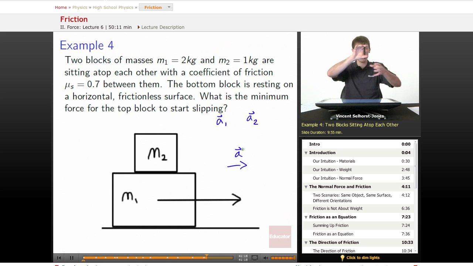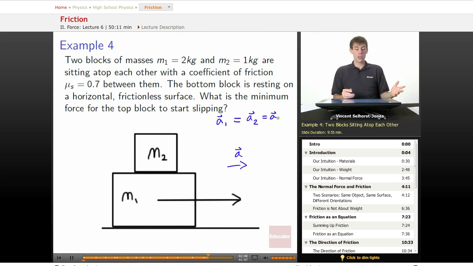Then one of them is either going to be sliding off of the other or sliding behind the other. There's going to be a difference in their relative velocities, which means they can't be staying together anymore. It has to be slipping, by the definition of slipping. So, to begin with, we know that the acceleration of the first block has to equal the acceleration of the second block. So we can just call them in general a. The accelerations are equal between the two.